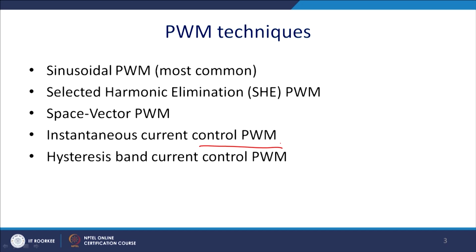It will have application because in our FACTS devices we mostly use voltage source inverters in current control mode, so this has its own advantage. Thereafter we shall discuss the advantage of hysteresis current mode control PWM, which is very simple to implement.